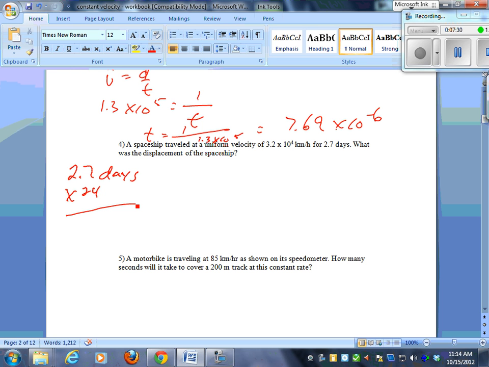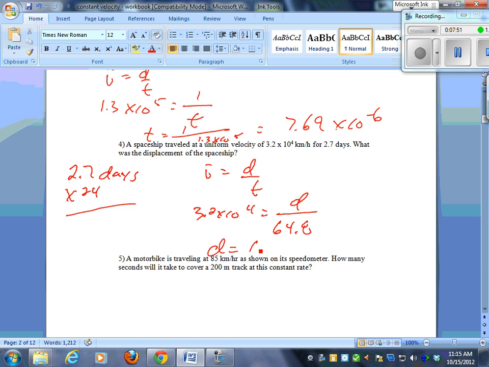And then I'm going to go v bar equals d over t. My speed is 3.2 times 10 to the 4. I'm looking for displacement. What's 2.7 times 24? Can someone help me out there? 64.8? That sounds vaguely familiar.